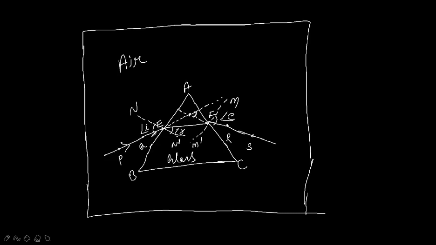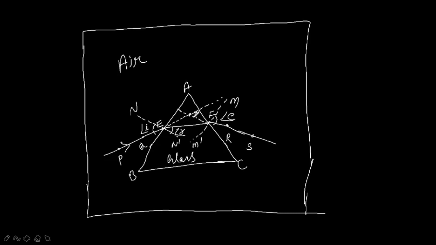So actually this is the incident ray, and imagine if this incident ray does not show any refraction, it would have moved in a straight line. But due to refraction through a glass prism, it bends and it is moving in this way. So if we draw an imaginary line backwards, here we will get one more angle.